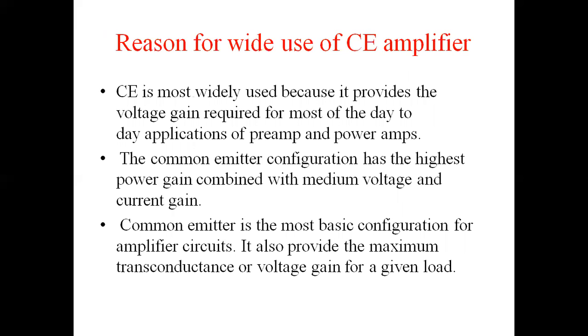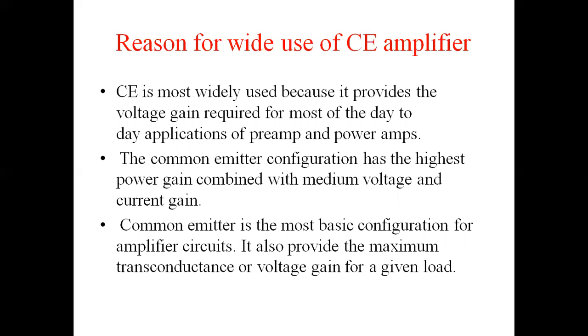In the common emitter connection, the collector current IC is considered the output current and the base current is considered the input current. The current gain is given as the ratio of the output current to the input current, which is beta.